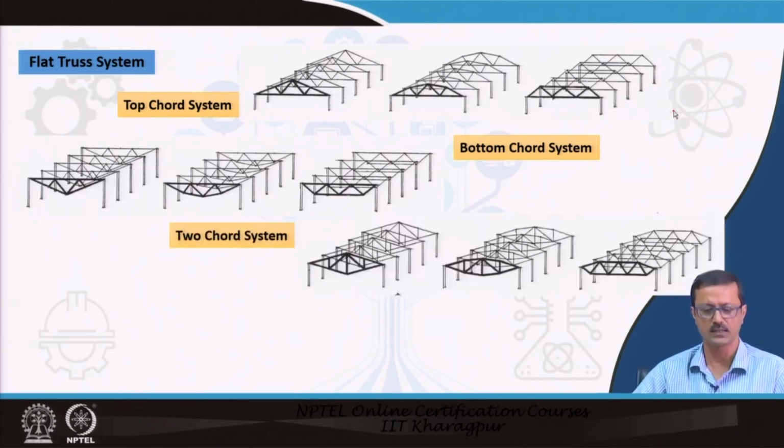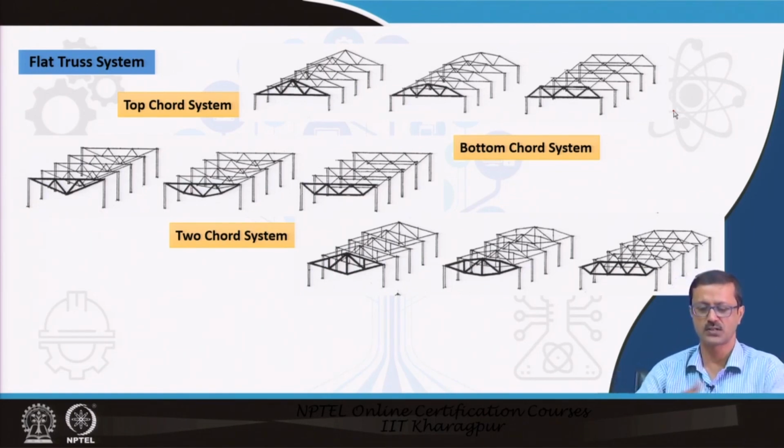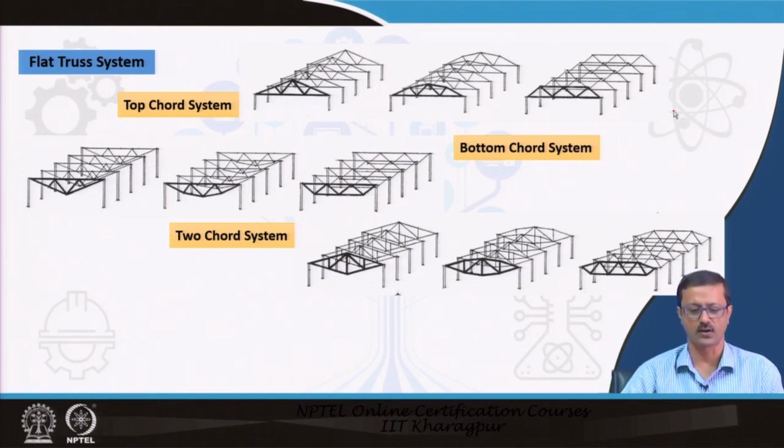Then the third one is the two chord system, where both the chords are non-flat or inclined. These systems are also used in buildings, particularly in auditoriums, airports and large span structure galleries, where these two systems can be used to get some advantages.